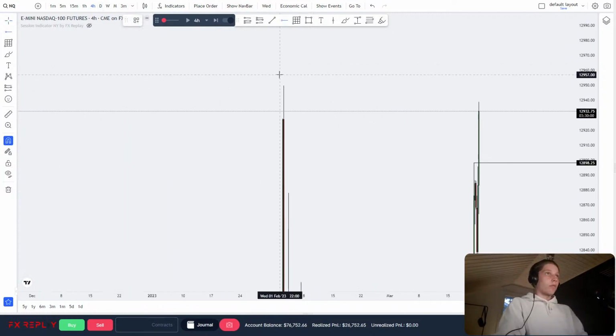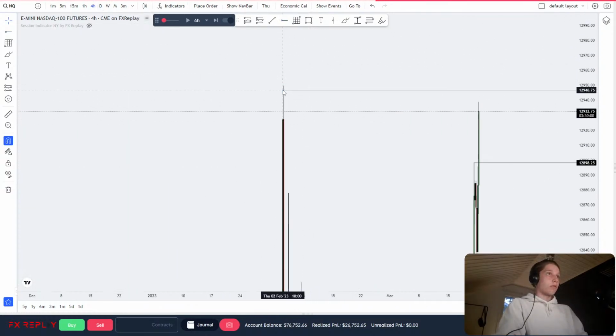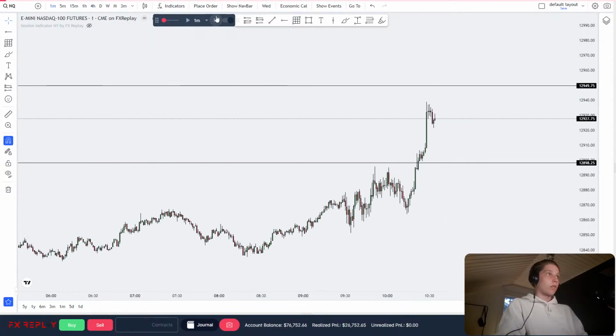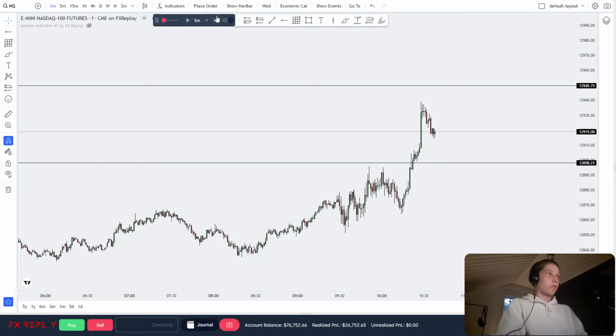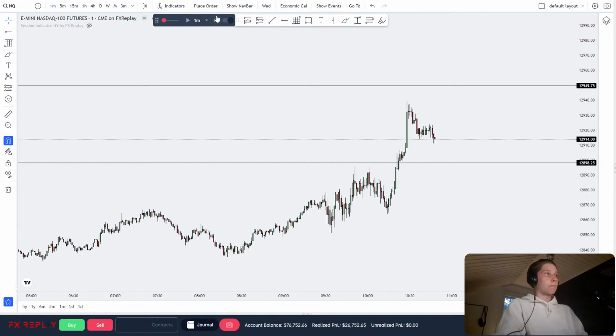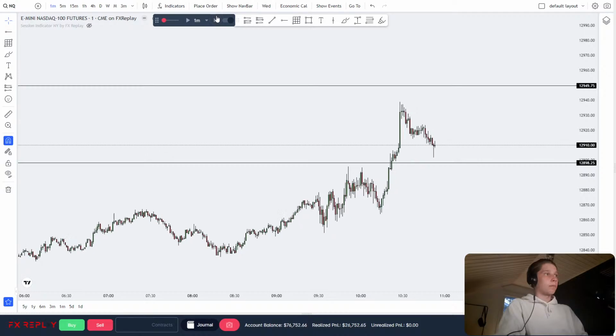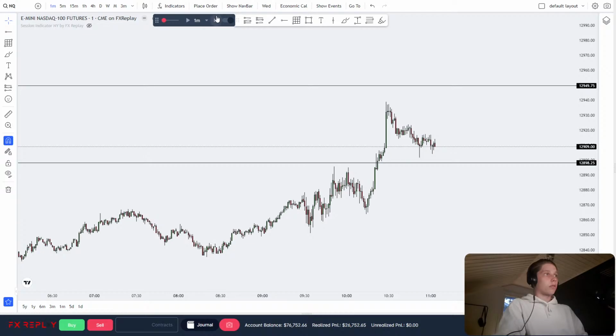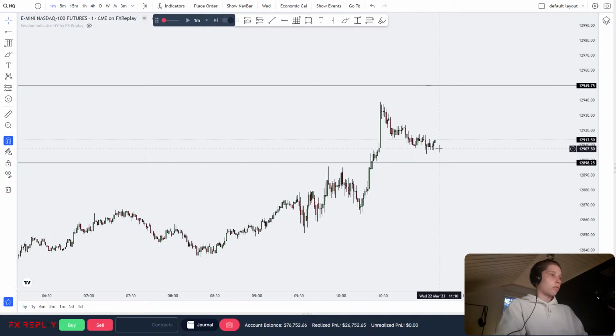So we're now running these highs. I cannot long this, way too far in premium. I mean, okay, we're building some liquidity, we are retracing. Let's go to PM session if we can get something.